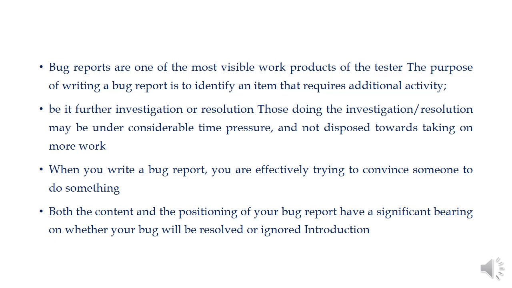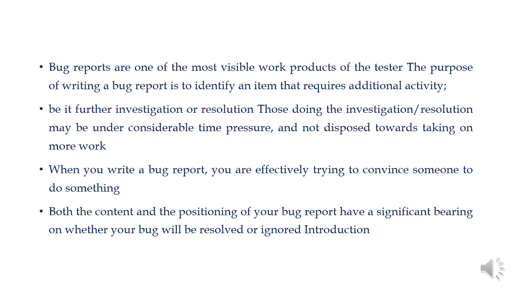Bug reports are one of the most visible work products of the tester. The purpose of writing a bug report is to identify an item that requires additional activity. It may need further investigation or resolution. Those doing the investigation may be under considerable time pressure and not disposed towards taking on more work.